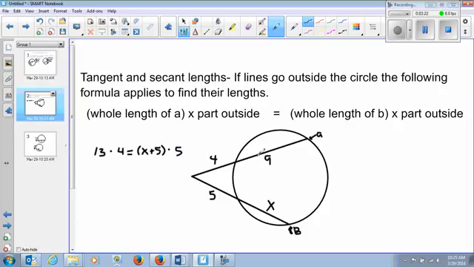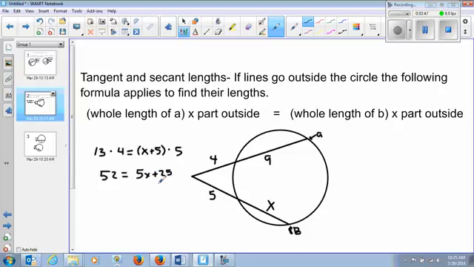So again, it's the whole length times the part that's outside equals the other whole length times the part that's outside. So 13 times 4 is 52. Check. And then when we distribute, 5 times x is actually 5x, and 5 times 5 is 25.